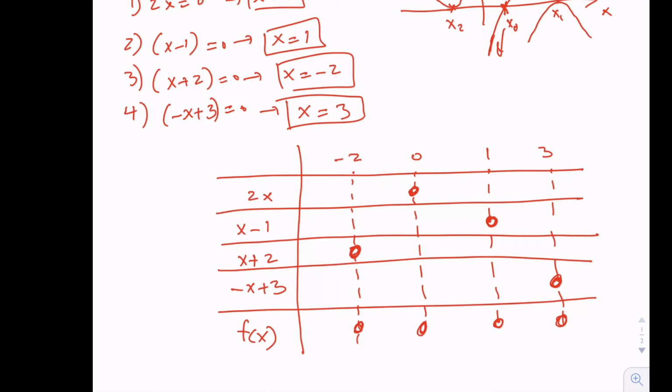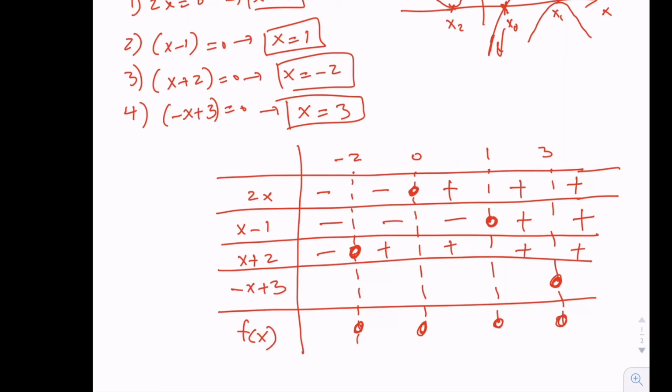So this function 2x is negative, negative, positive, positive, positive. Same thing for x minus 1. It is smaller than 0 for x values that are smaller than 1, so it will be negative, negative, negative, positive, positive, and same for x plus 2, it will be negative, positive, positive, positive, positive.